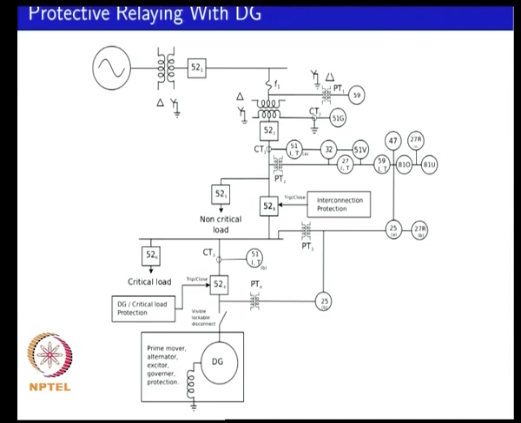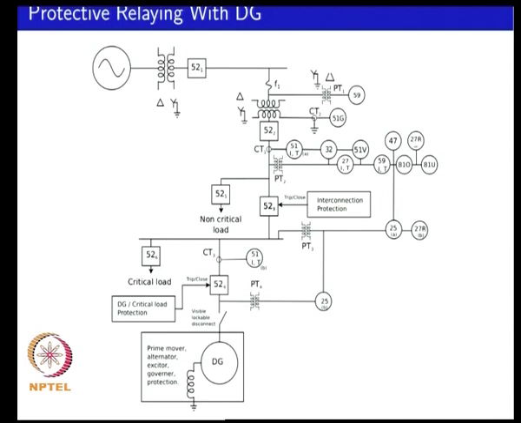The other thing to keep in mind is that what we have shown here is just an example. Your protection requirements would change depending on whether the transformer is delta-y, yy, or y-delta, or whether the grounding is different, whether it is low impedance or high impedance grounding, etc. So, you would have to modify your protection schemes accordingly to address those circuit and component issues in your actual system.